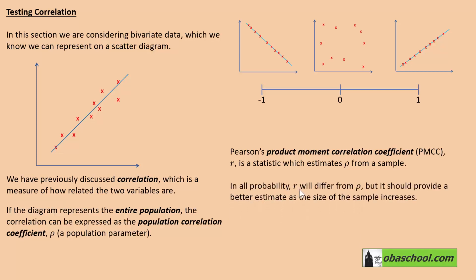In all probability, R will differ from rho, but it should provide a better estimate as the size of the sample increases. We can carry out a hypothesis test for rho using calculations of R.